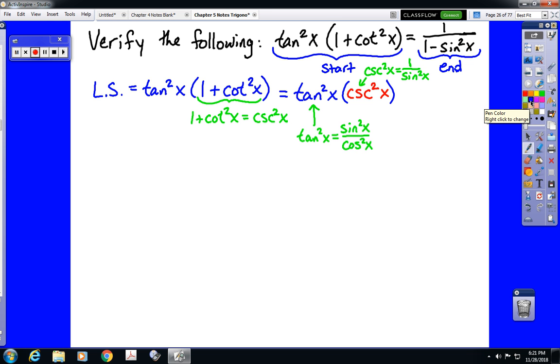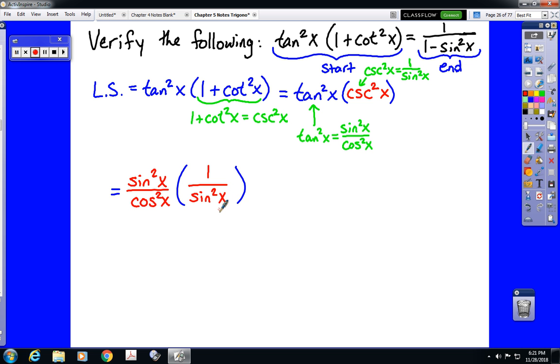So I'll go ahead and move myself down here, and I will say that tangent squared has become sine squared x over cosine squared x. And we are multiplying that by 1 over sine squared x.